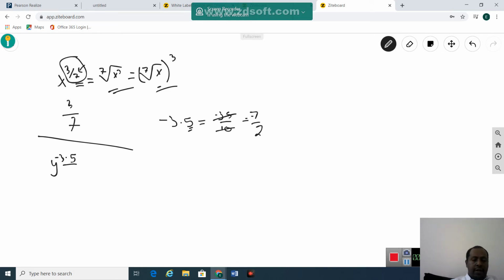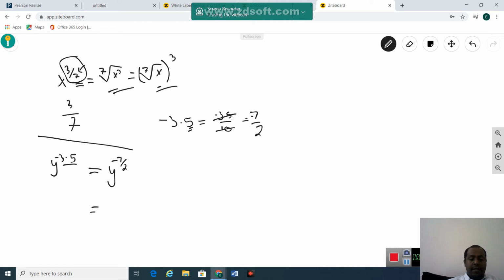Then I'm done with the first step, changing the decimal to rational exponent. Then this will be equal to y to the power of negative 7 over 2. Then what do you think will be the next step?